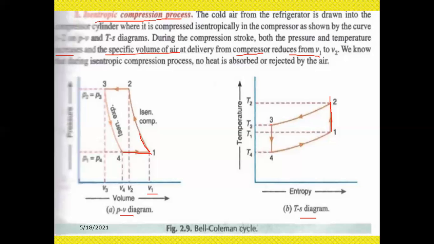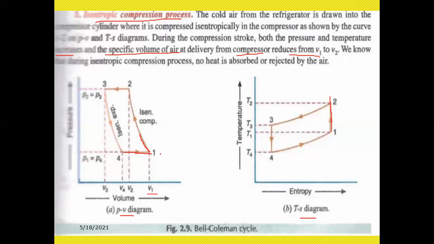Next, from 3 to 4, the isentropic expansion process. In this isentropic expansion process, the volume is increased, but the pressure is decreasing from P3 to P4. The temperature is reduced from T3 to T4, right?